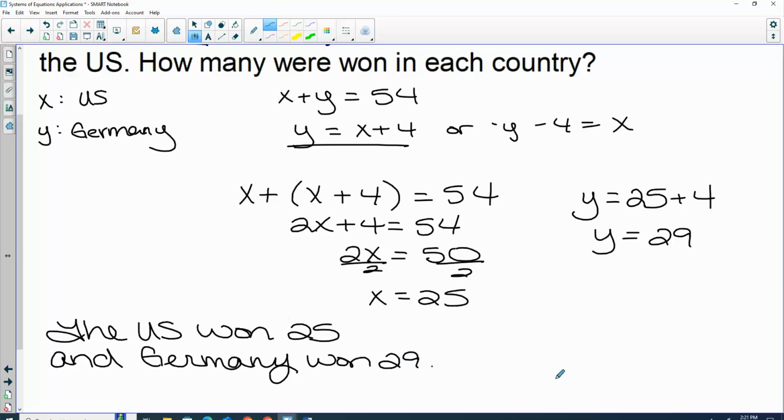US 25 and Germany 29. Questions on that?